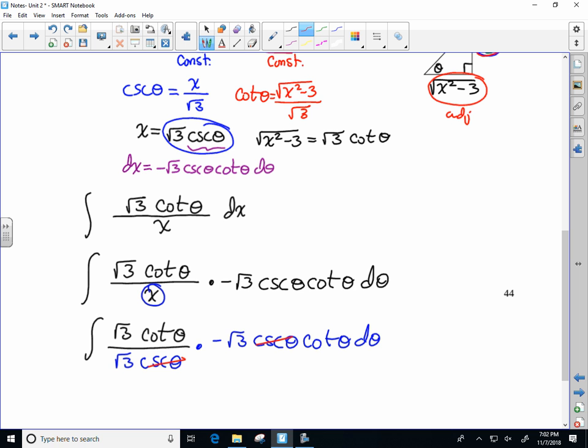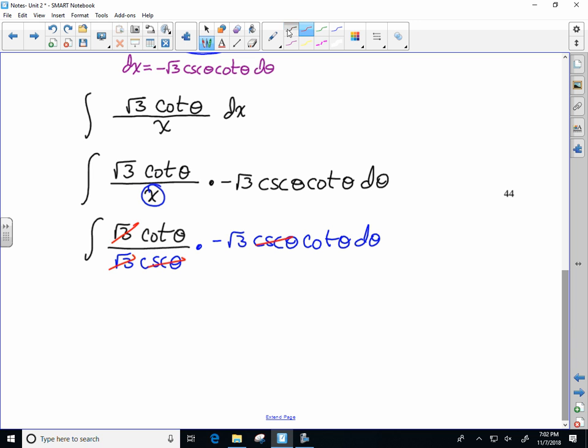So boom, boom, boom. I'll boom that one with this boom. And then we will have negative cotangent squared theta d theta. Radical 3, yes. Oh, I'll just, yeah, there's no fixing it. I'll just erase it. I was going to just chuck it in the front, but then it would look weird.